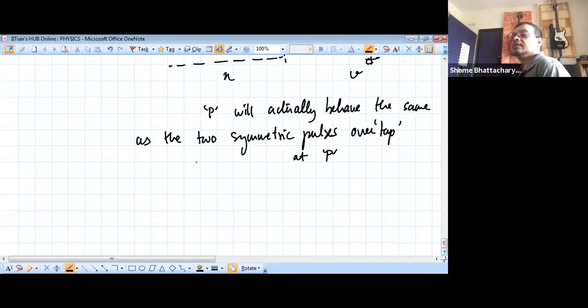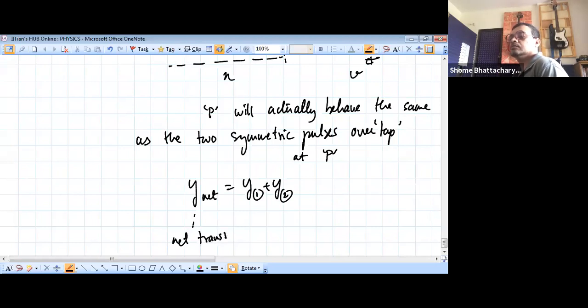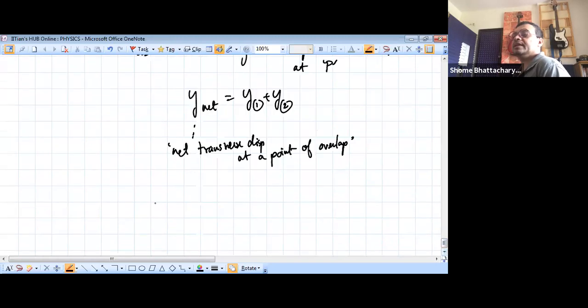You'll always see that the net displacement at an overlap point will be the displacement due to pulse 1 plus the displacement due to pulse 2. Okay, so this is the net transverse displacement at a point where they overlap. So this net displacement at the point P, which is the symmetry point, will always be 0.